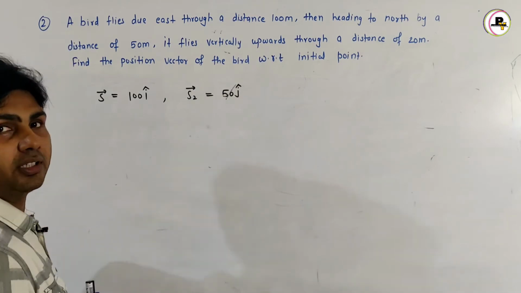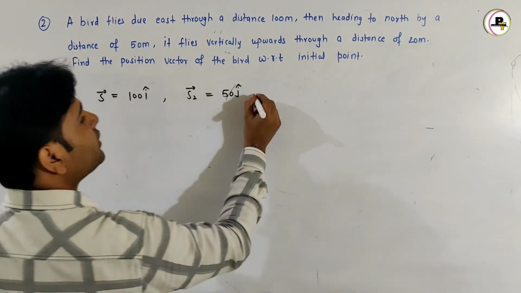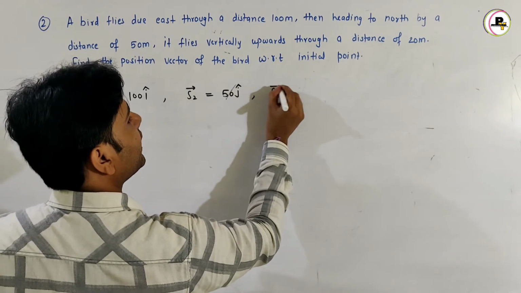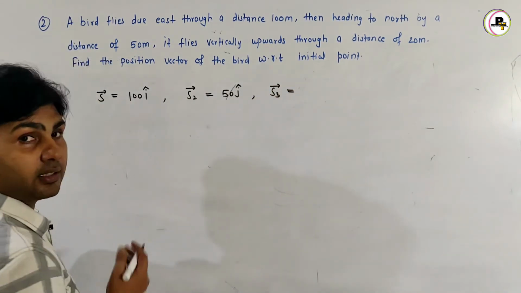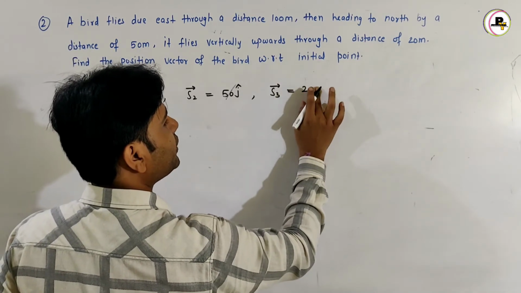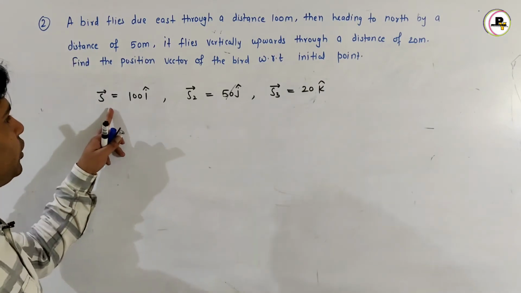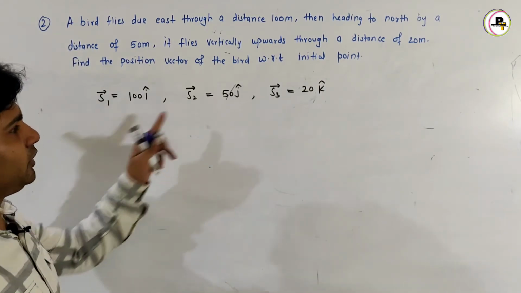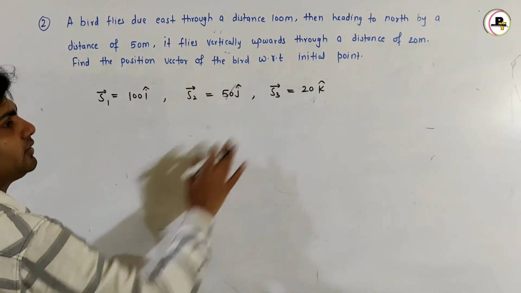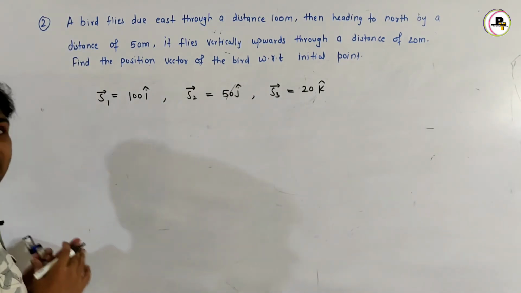And vertically upward I have given as S3, and this I can take along the z-axis, that is 20 k cap. So S1 is 100 i cap, S2 is 50 j cap, and S3 is 20 k cap. So what is its resultant displacement?